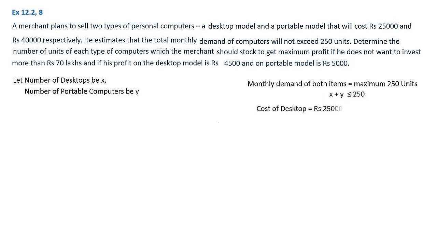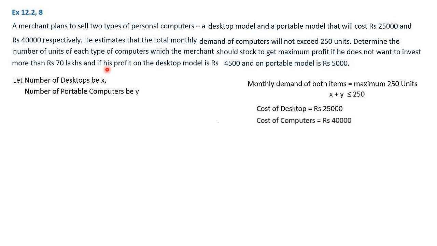And next is cost of a desktop computer is 25,000 and the cost of that portable model computer is 40,000. And we have written the inequality x plus y less than or equal to 250 units. Then determine the number of units of each type of computers which the merchant should stock to get maximum profit if he does not want to invest more than rupees 70 lakhs.